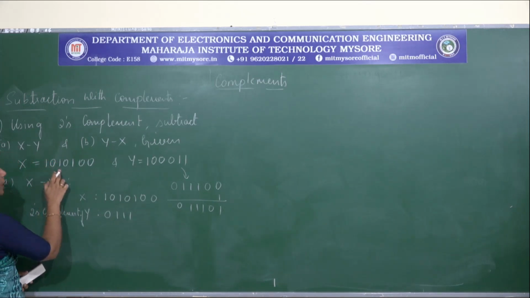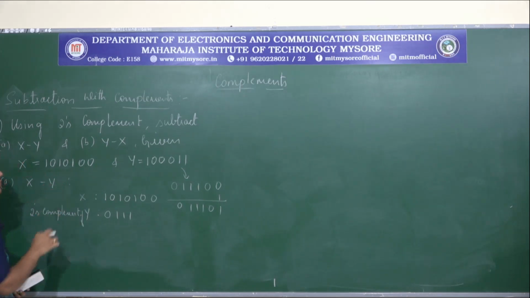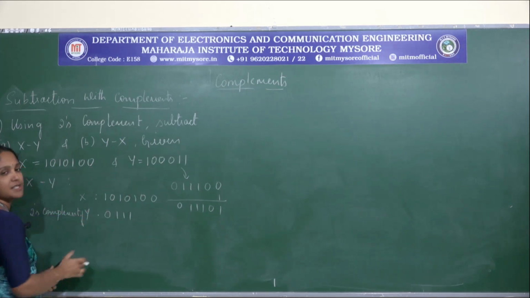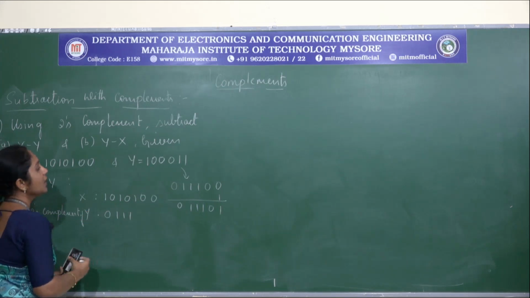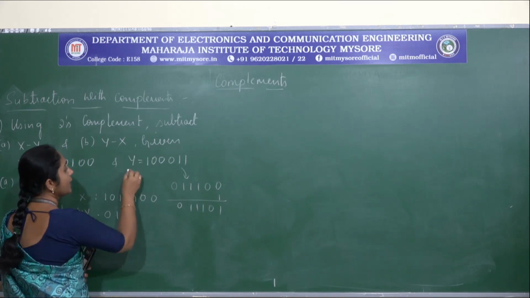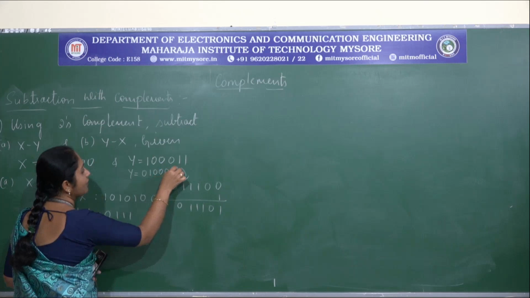Here we have 7 digits, there we have 6 digits, so we need to consider 7 digits in this case also. Therefore let us write this as 0100011.